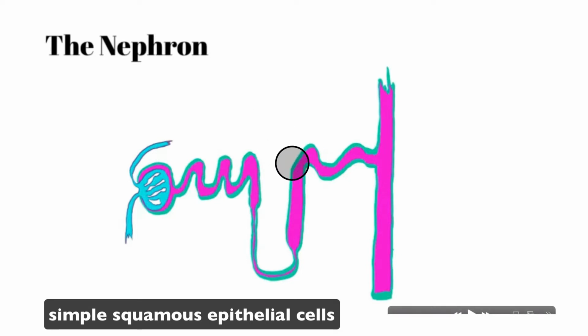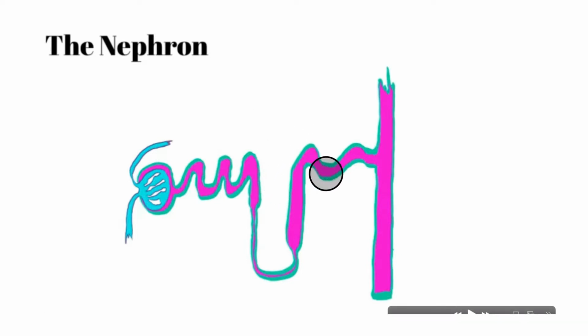So please keep in mind, all along the nephron, on each side of the lumen, we have simple cuboidal epithelial cells, with the exception of the thin segment, most of which is part of the descending portion of the loop of Henle. And we'll discuss why we have simple squamous in the thin segment and simple cuboidal in the other regions.